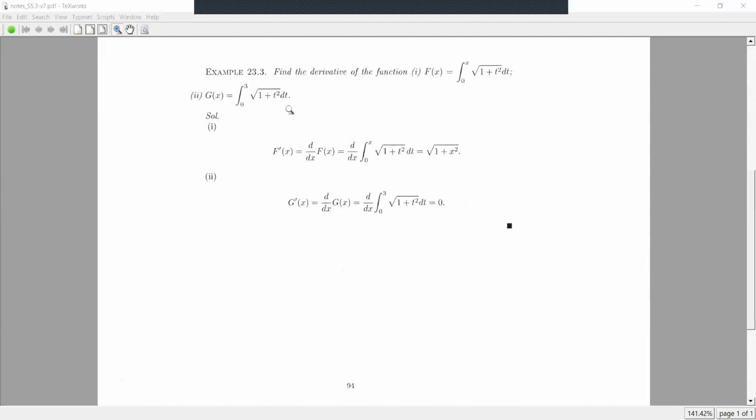It doesn't depend on any variable. It doesn't depend on x. It is a constant. So the derivative of a constant is 0. So the answer of the derivative of g is 0.